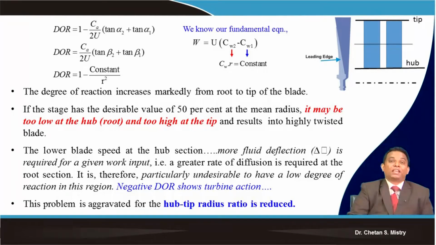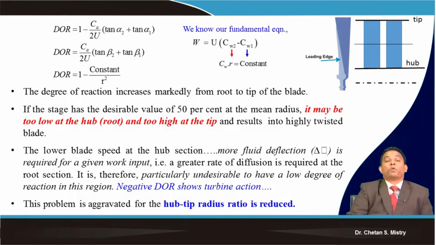So we should avoid the degree of reaction going to 0 or to a negative value. This problem will get aggravated when the hub to tip radius ratio is reduced. So we can understand that when our hub radius is lower, it is obvious that my peripheral speed is going to be lower.